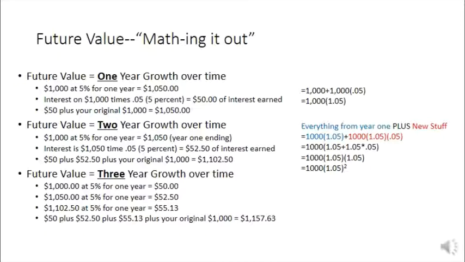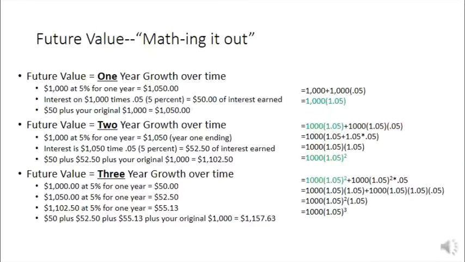But what you see is in year 2, we're really squaring that interest multiplier, 1.05 squared. And in year 3, we have everything in year 1 plus everything in year 2 plus something new. And again, what we're doing is adding, or I should say multiplying, one more interest term on.